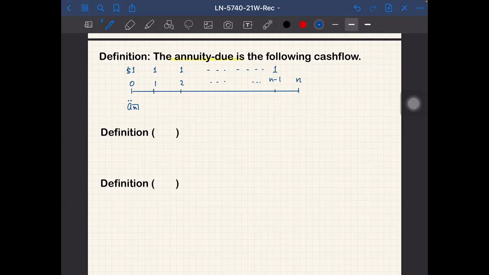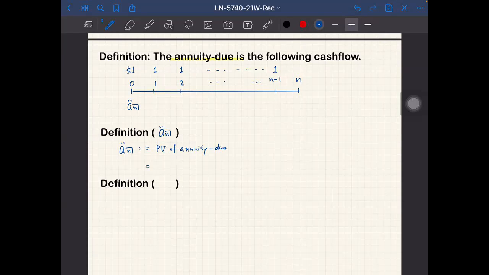The definition of A double dot right angle n is the present value of this annuity due of n years.